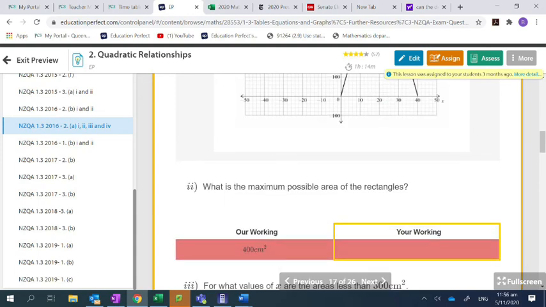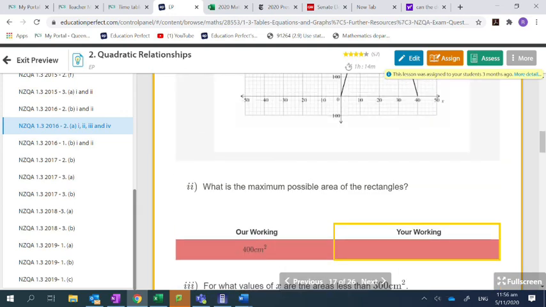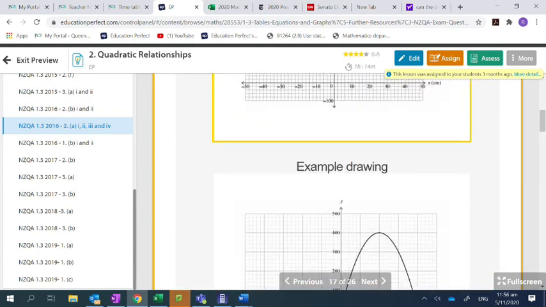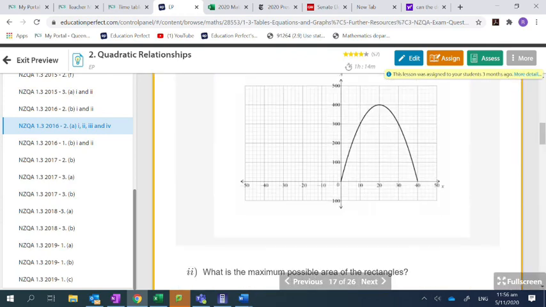What's the maximum possible area of the rectangle? Well, guys, maximum simply means what?